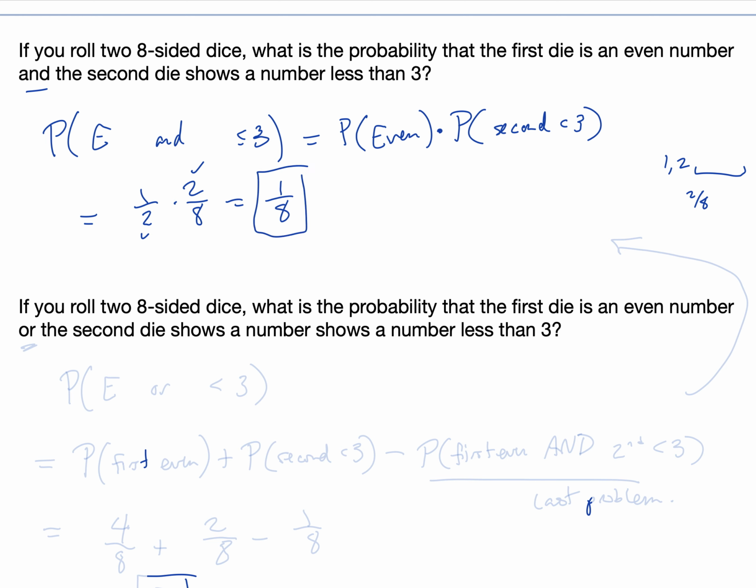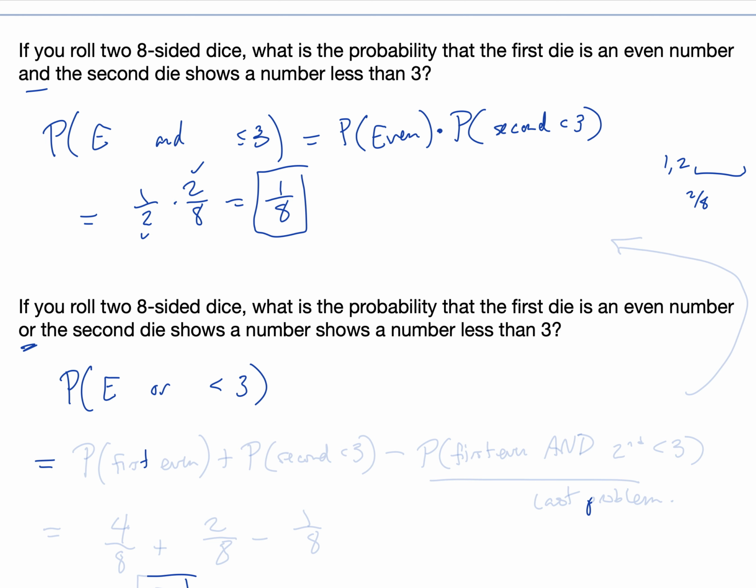Next, if you roll two 8-sided dice, what is the probability that the first is an even number or the second shows a number less than 3? So this is the probability the first is even or the second shows a number less than 3.